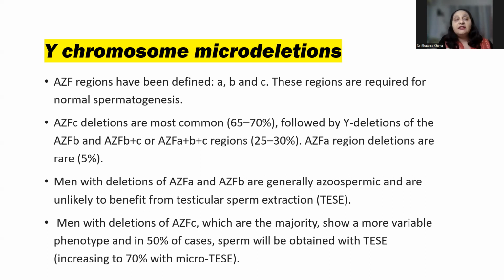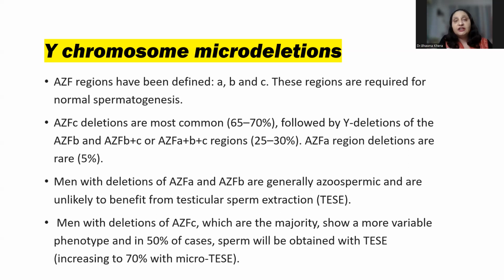So the AZF region is there on the Y chromosome, and it has three types, A, B, and C. And these regions are required for normal spermatogenesis.